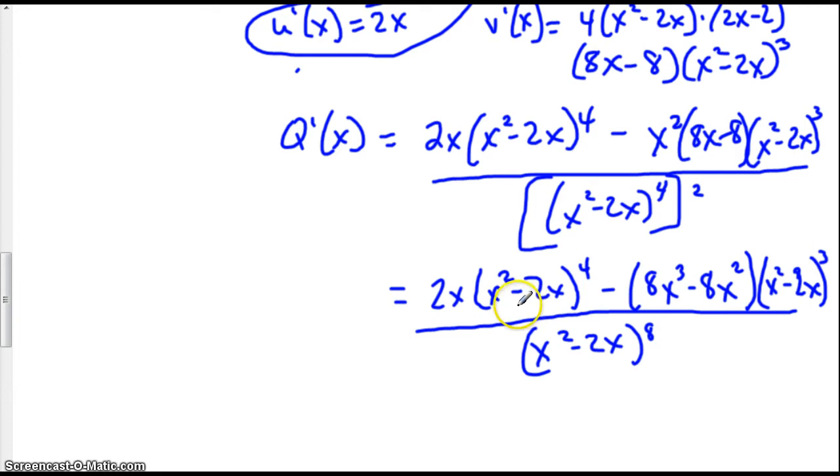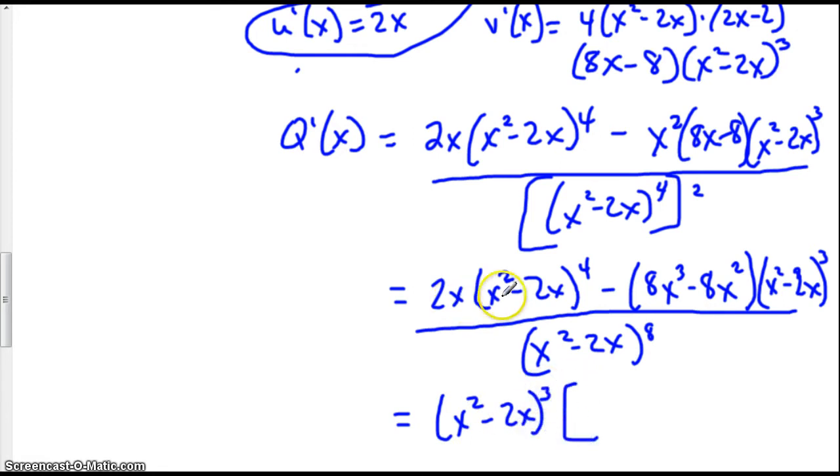And now we can factor out (x squared minus 2x) to the 3rd power. We could also factor out a 2x, but I don't think that's going to help us when we go to simplify. So I'm just going to factor out what I see that I'm going to be able to cancel in the denominator, and that's (x squared minus 2x) to the 3rd.